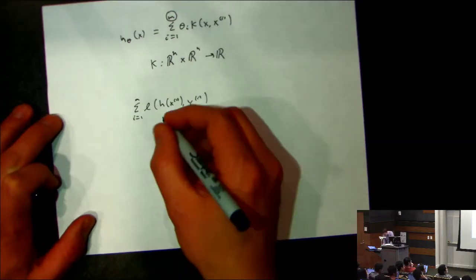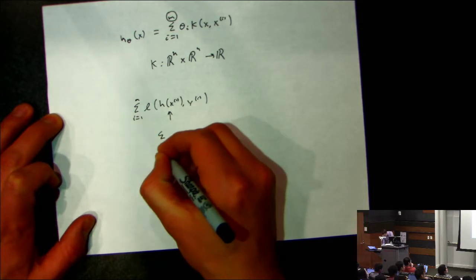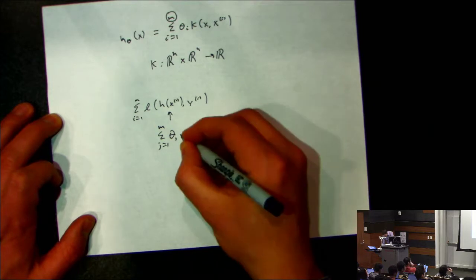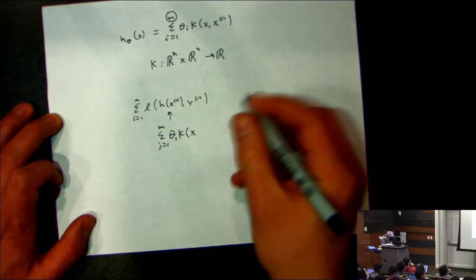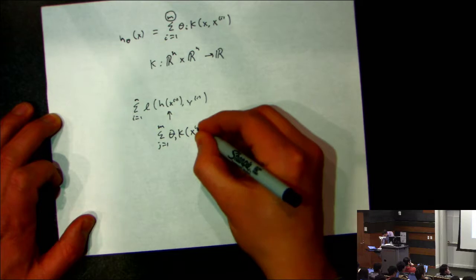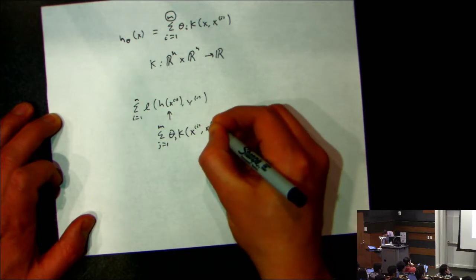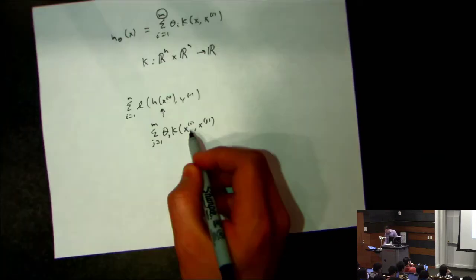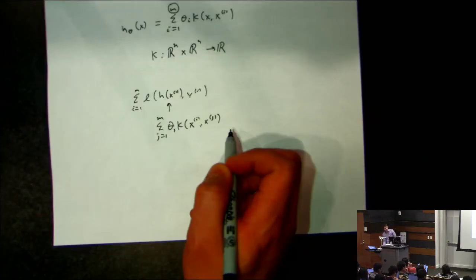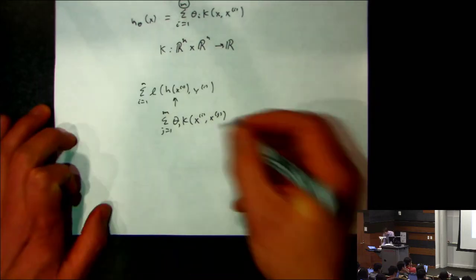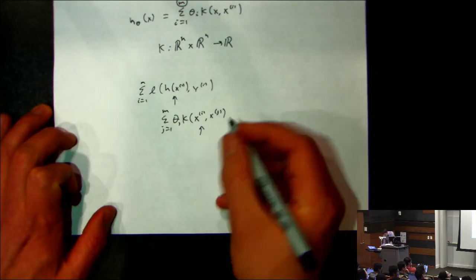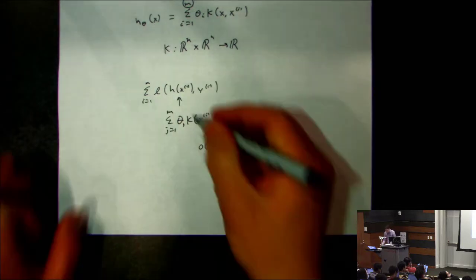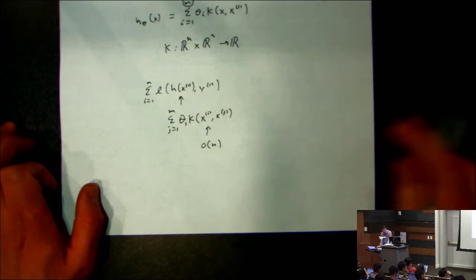So I'll write it with a different sum: the sum from j equals 1 to m of theta_j times the kernel of x_i and x_j. In other words, I need to compute all possible kernels of x_i, x_j, for all combinations of examples. And then this term here is going to be order n, because it involves a sum over the dimension. So you have two loops of size m, one loop of size n.